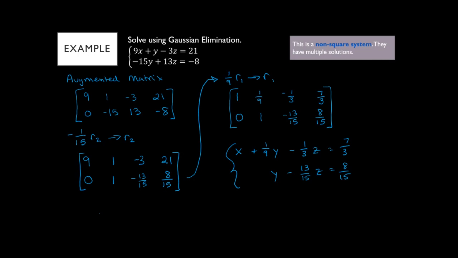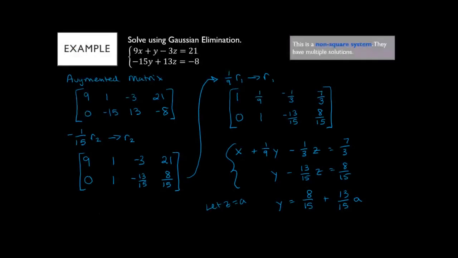So first, that equation with the y, I need to solve that for y, that second row, second equation. So that is going to be 8 over 15 plus 13 over 15z, or basically we let z equals a. So instead of z, it's going to be a, some unknown number. Now I need to replace y and z in my first equation.